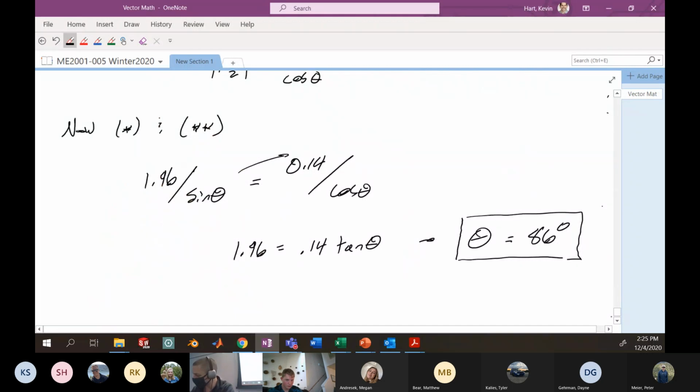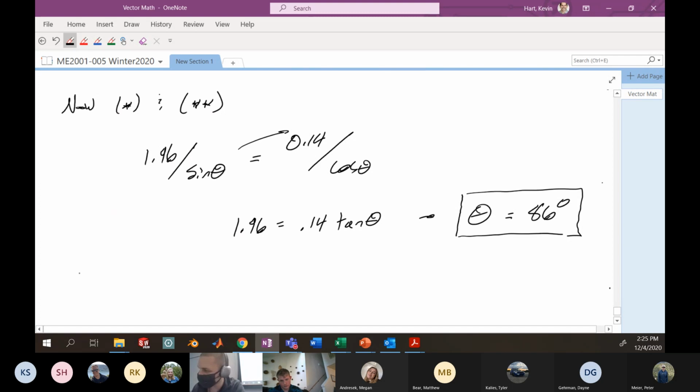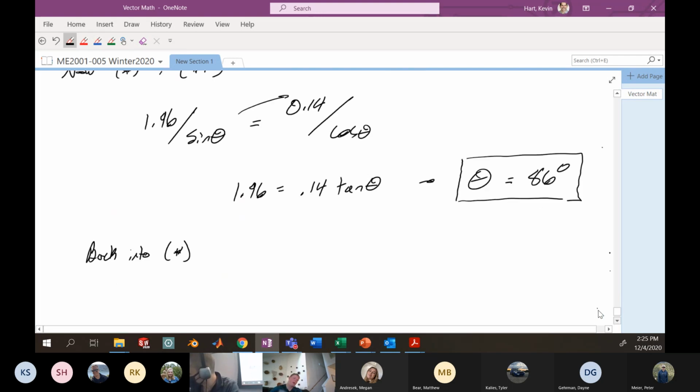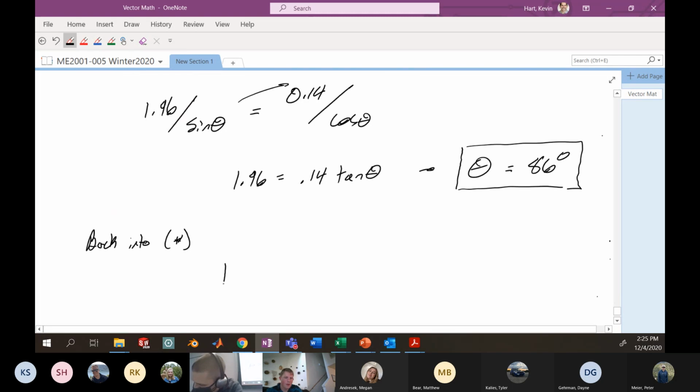So we're not quite done yet. We have to take this and put it back into star or double star to solve for the magnitude of F2. You get the magnitude of F2 is equal to 1.96 over the sine of 86 degrees.